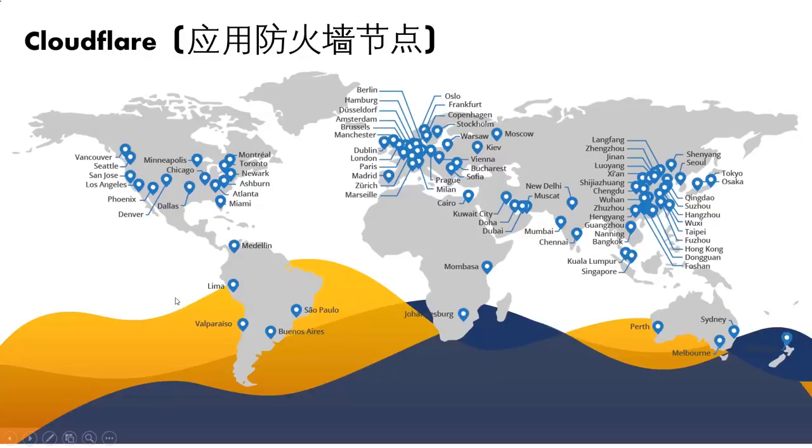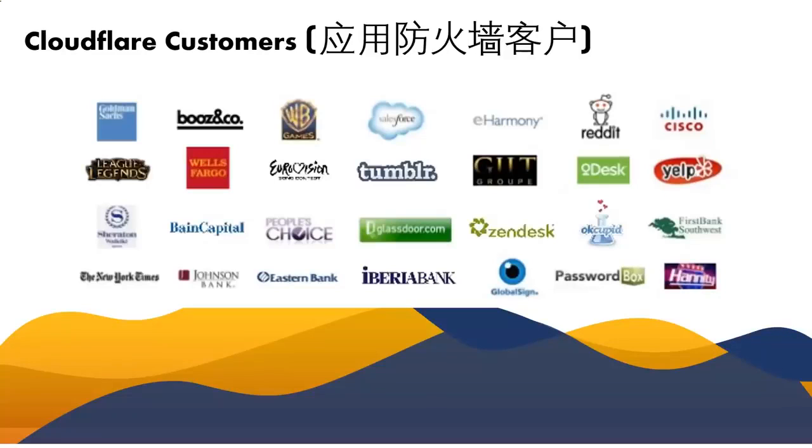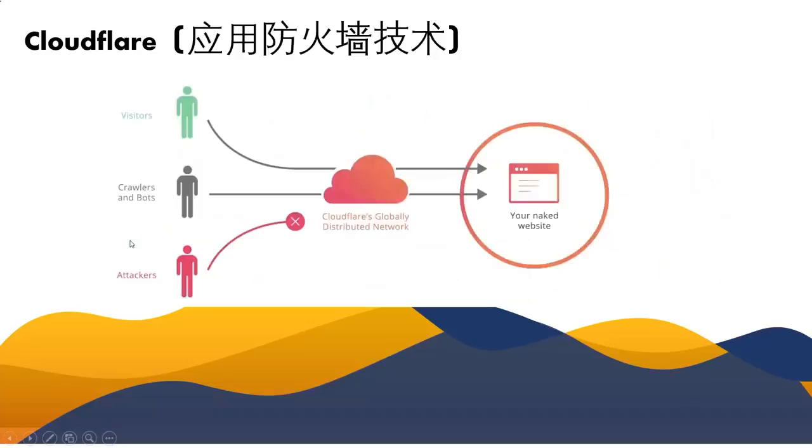We use Cloudflare as our firewall and WAF, web application firewall, and it also serves as a worker, or serverless script, that we wrote to help enable the wallets to access the public node. These are some of the customers that are on Cloudflare. The most prominent one, of course, is League of Legends. The game is actually on Cloudflare as well.